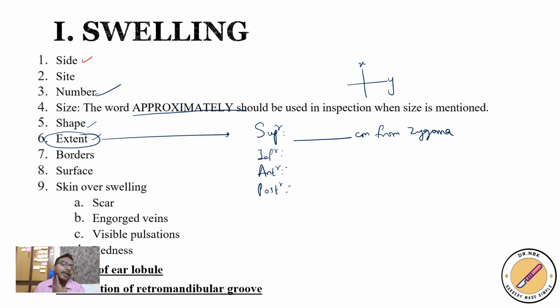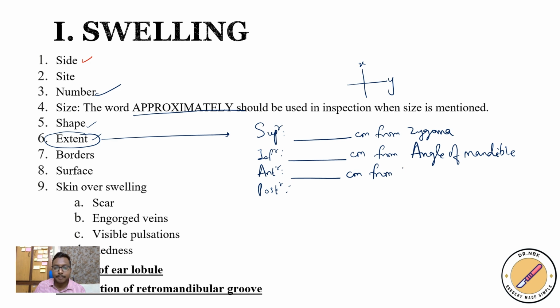Second one is inferiorly. If the whole gland is swollen or something a little bit above, you can take help of the angle of mandible. So dash centimeter from angle of mandible. Next is anteriorly, you can take help of the angle of mouth. So the anterior landmark is angle of mouth.